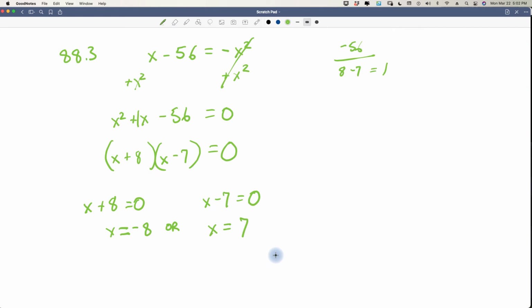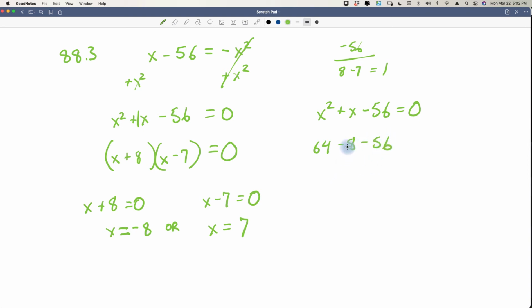Okay, so we're going to sub in, and we're going to go back to the original problem, which is x squared plus x minus 56 equals 0. And we're going to sub in negative 8. Negative 8 times negative 8 is a positive 64, minus 8 minus 56.